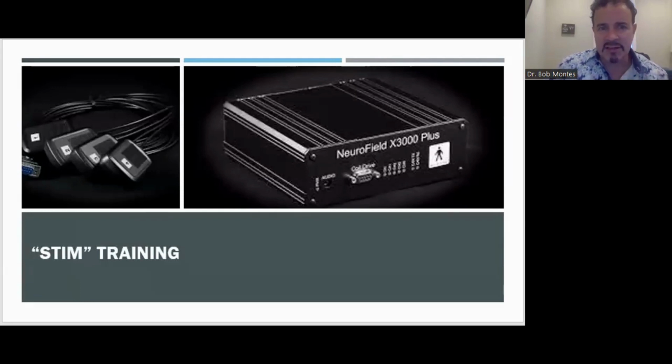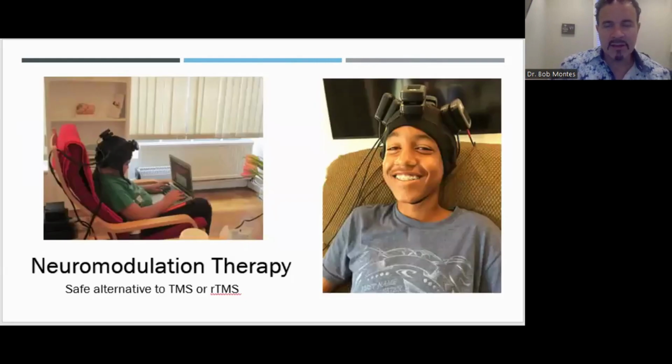So neuromodulation at the clinical level is really comprised of the transcranial alternating current stimulation, or we use direct current stimulation. We also use things like random noise, and we also use the pulsed electromagnetic field stimulation, or PEMF. Now, to indicate just really how safe this is, many children are using these same stimulation techniques, very gentle and very safe.